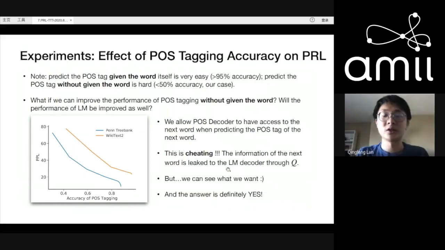So with a smaller hidden layer, the capacity of the model will be smaller, and so the accuracy of POS tagging will also be lower, right? And if you allow it to have a large hidden size, it will record all the information so that the accuracy will be very high, like 90%.